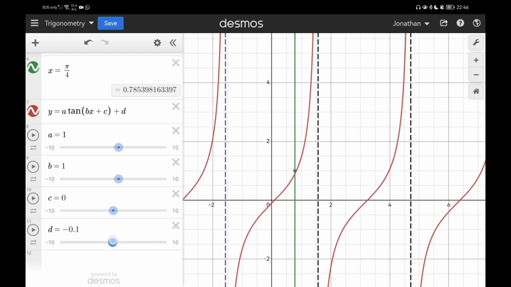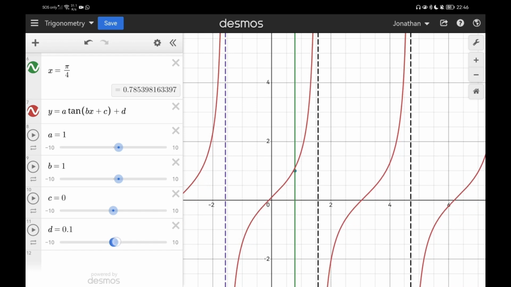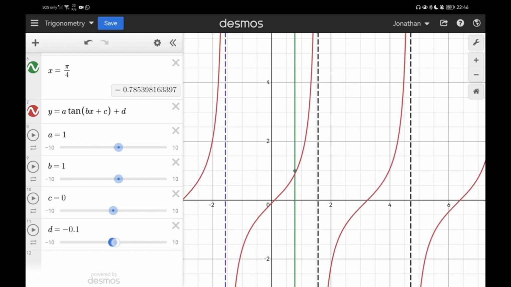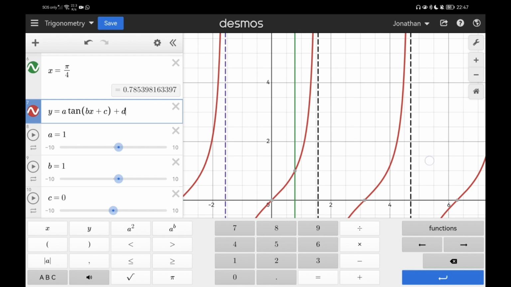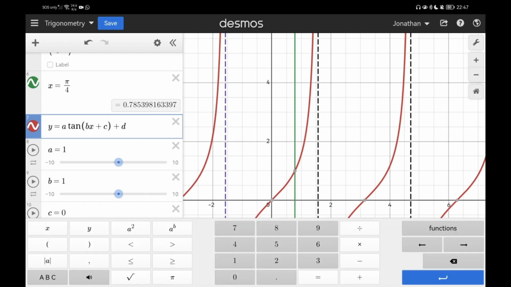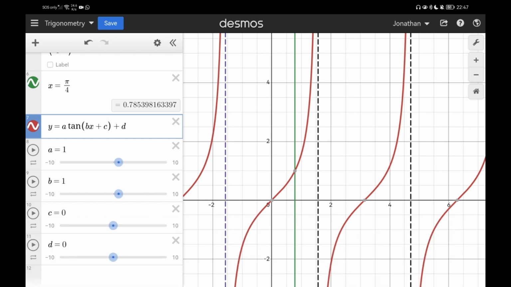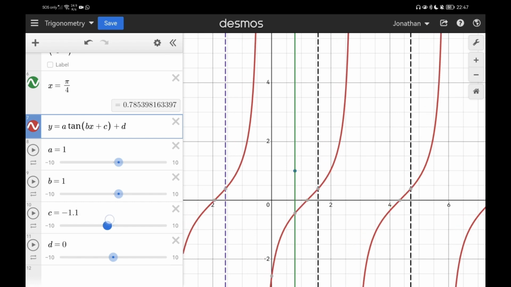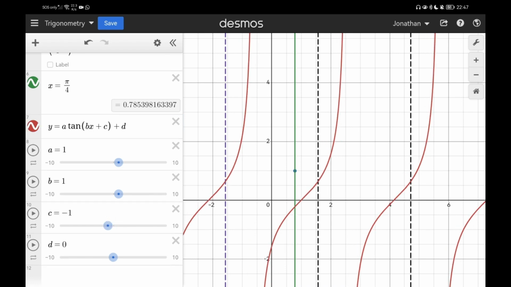So let's visualize the translation in the x direction, which means we vary the value of c. Let's change c to negative, say -1.